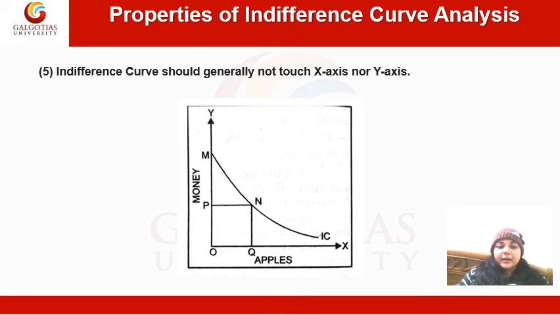And if the consumer wants only one commodity, then his demand for the second commodity would be 0. An indifference curve may touch the OY axis if it represents money instead of a commodity. So we can say that an indifference curve generally never touches the x-axis or the y-axis.